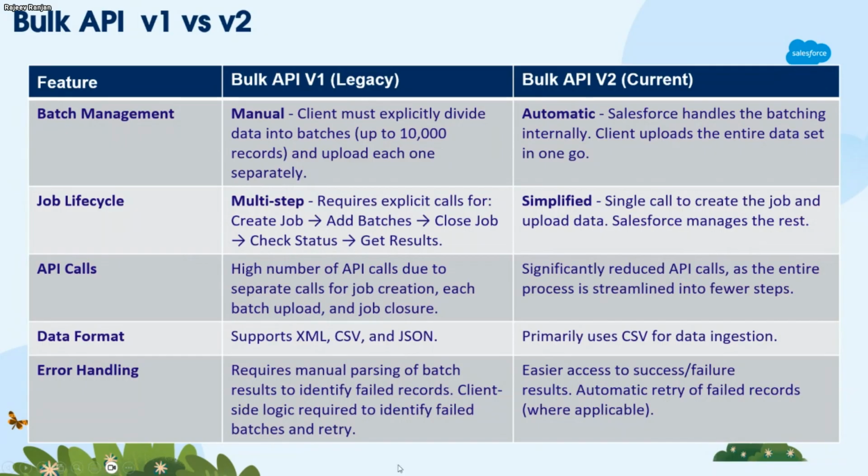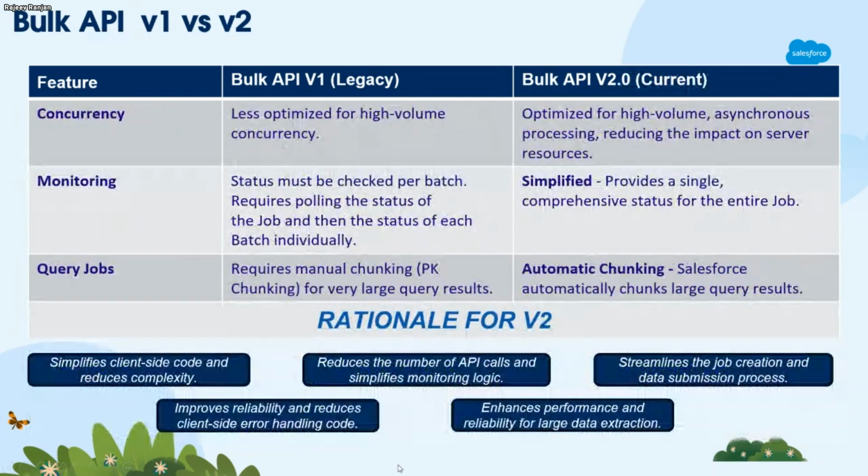Now coming to the next one, this is the concurrency. Suppose you are talking about the legacy one, you have the options: if you have less data, you can go for the concurrency as serial.